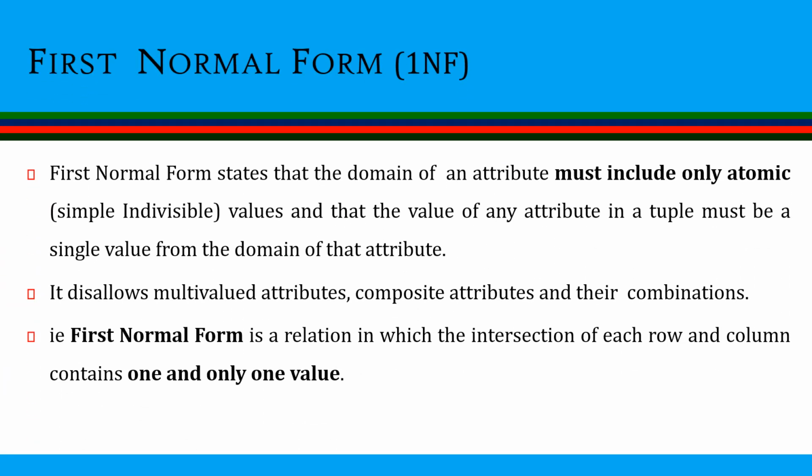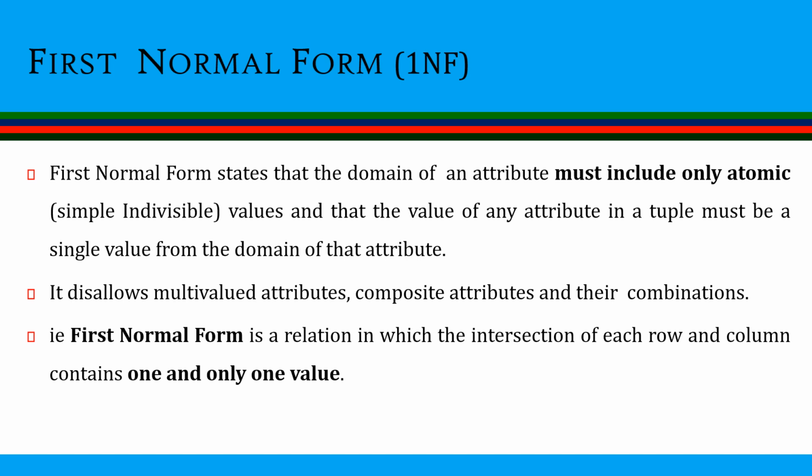So now let us discuss the first normal form, also called 1NF. The first normal form states that the domain of an attribute must include only atomic values. Atomic means it should include only simple, indivisible values, and that the value of any attribute in a tuple must be a single value from the domain of that attribute.